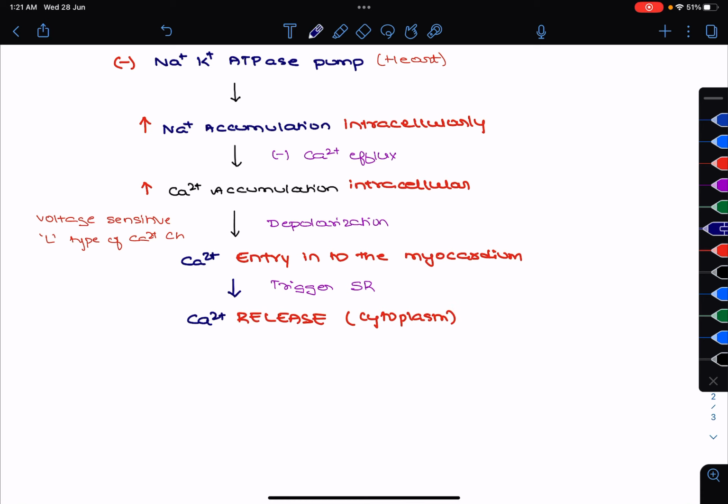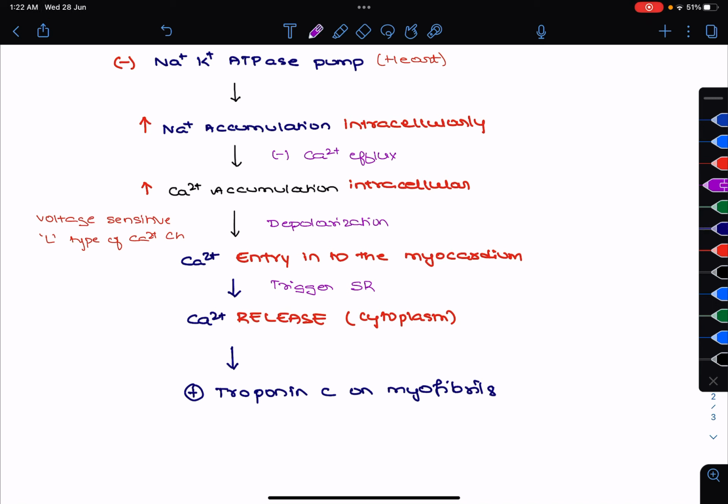So this in turn will cause activation of troponin C on myofibrils.